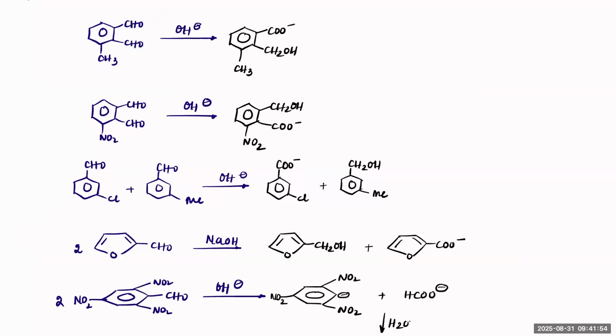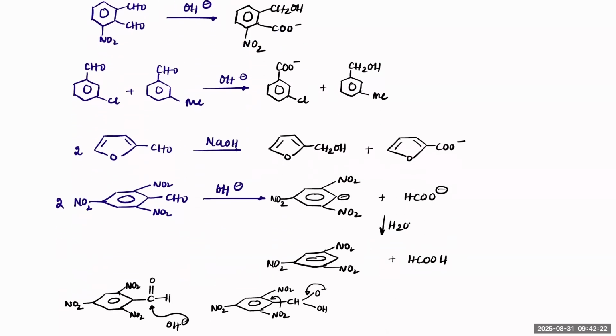These are intramolecular Cannizzaro, and obviously, whichever is more reactive, that side the acid will form. You know that with respect to this methyl, this aldehyde is more reactive. Here, this is less reactive because CH3 will give you more plus I effect here. So this one becomes alcohol. But with NO2, you know that this position will become acid, this position will become alcohol.